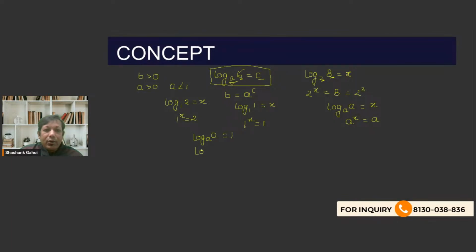If I'm saying log base a of 1, which power of a am I going to give so that I'm going to get 1? Basically it should be equal to 0, because a power 0 will always be equal to 1.